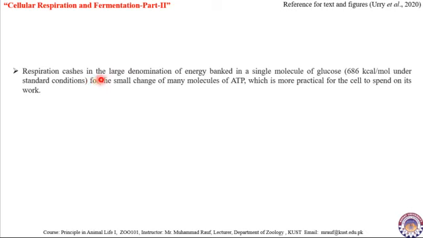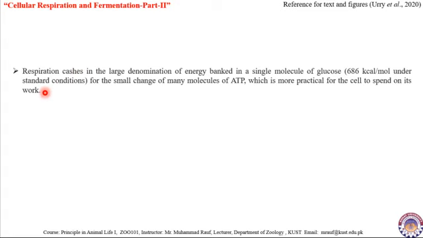Respiration cashes in the large denomination of energy banked in a single molecule of glucose, 686 kilocalories per mole under standard conditions, for the small change of many molecules of ATP, which is more practical for the cell to spend on its work.